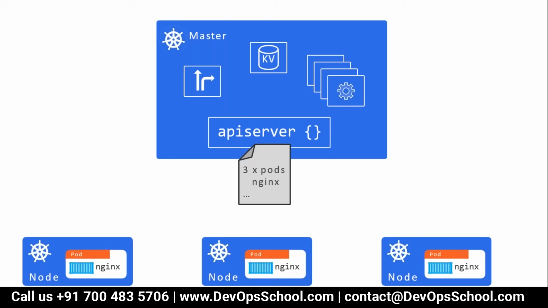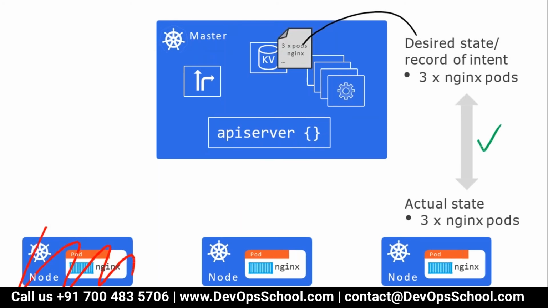Okay, so guys, here we have 3 nodes. I declare in YAML or JSON, I want 3 pods of Nginx. I send it to the API server and then forget about it. How it works, we have spent a hell of a lot of time on that. So we got the 3 pods. Suddenly what happened? One node is gone, because of n number of reasons: networking, hardware issues, software issues, I don't know.